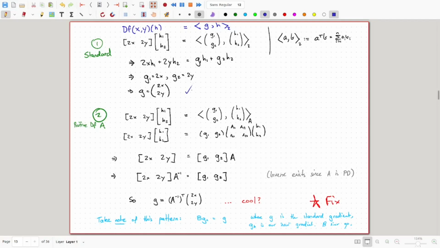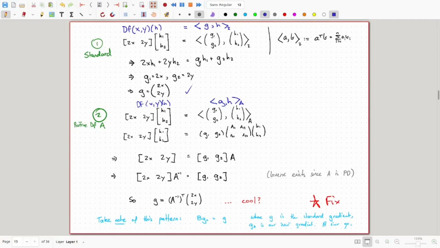Okay. So now let's consider a slightly more interesting inner product. Let's pick an arbitrary positive definite matrix A and slap that in between your G and your H vector in your inner product. Same setup, df at xy, evaluated at h, and then we have our inner product of g and h, except now we're using a different inner product here.